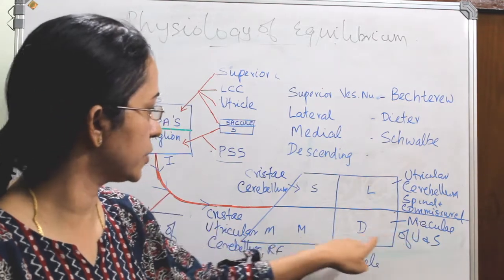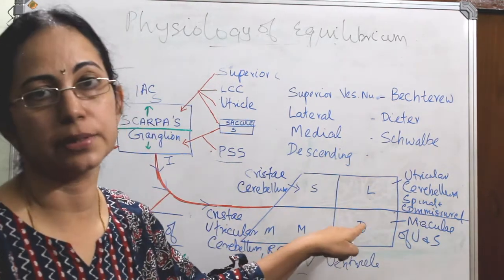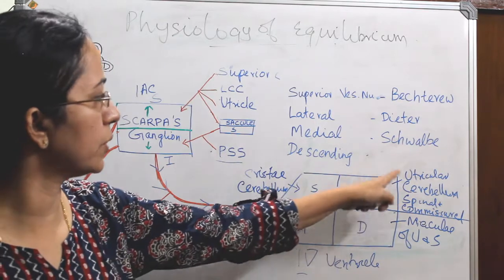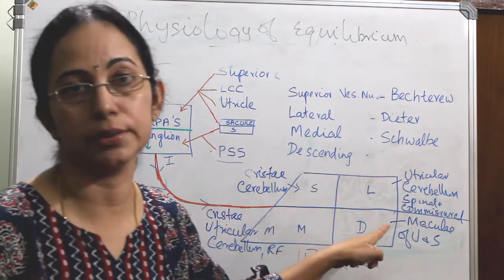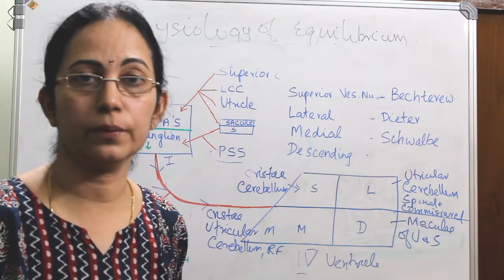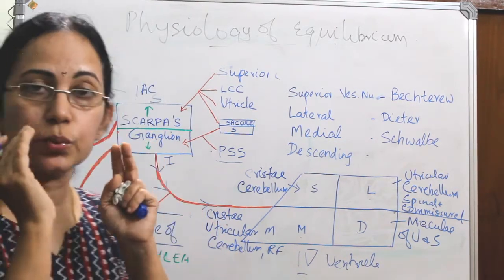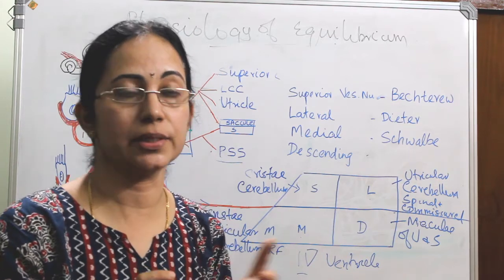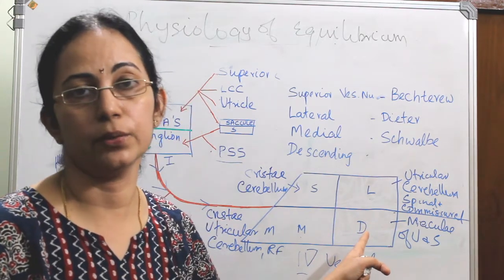So the saccule is solely going to the descending fibers, but the utricular macula has contributions to all the others. Okay, the maculae of the saccule go to only one part of the nucleus, that is the descending vestibular nucleus.